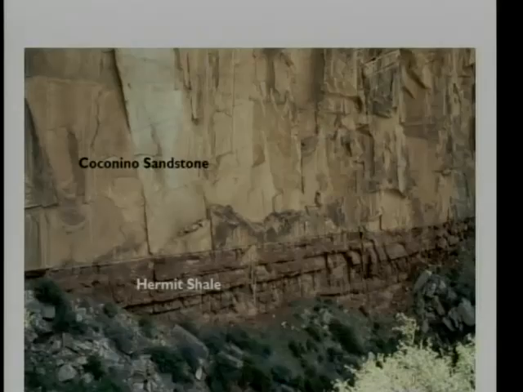If you've got Hermit Shale sitting there for 10 million years before the Coconino sandstone lands on top of it, surely there's going to be some erosion, surely there's going to be some processes going on. Why is it such a straight boundary? Does that time really exist? And there's other things that you could point to that would make you question, at least, whether the radiometric data is really giving you proper dates.